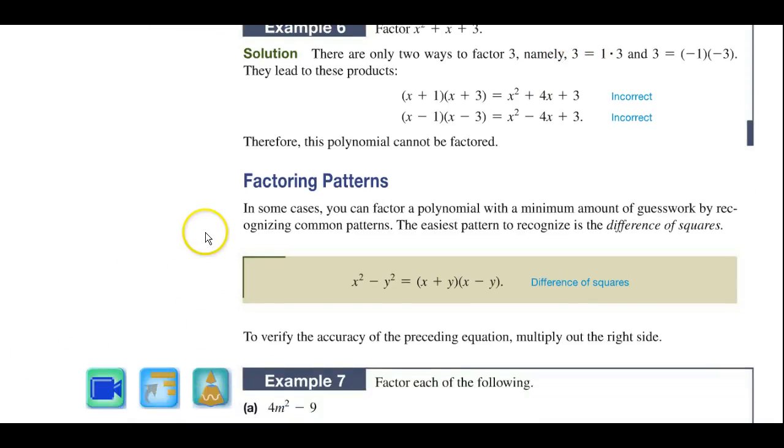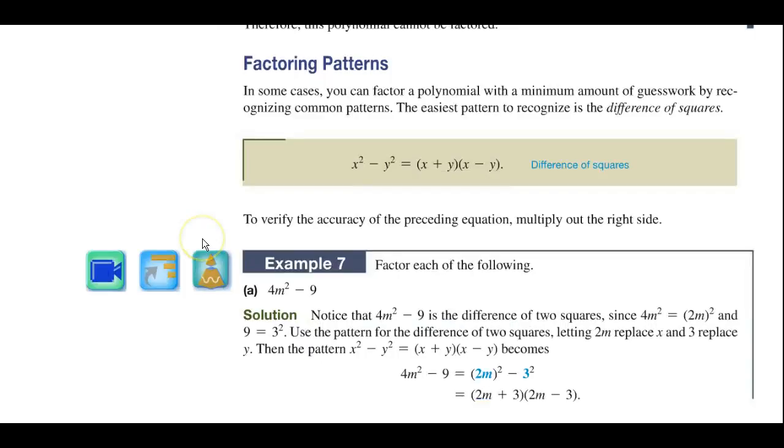And cannot be factored. Now, we did mention in an earlier course that there are special products. One of the special products was when we multiplied conjugates, A plus B and A minus B. When we did that, the middle terms canceled out and we ended up with A squared minus B squared.